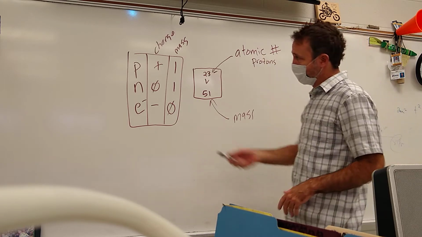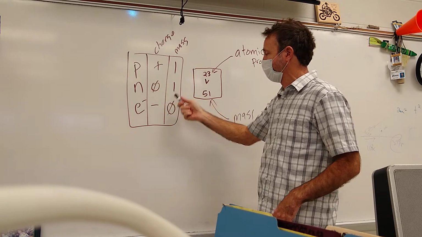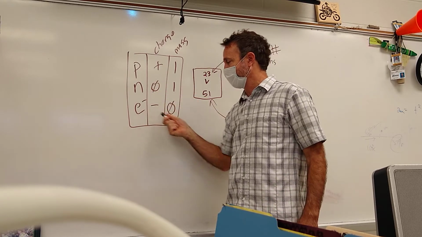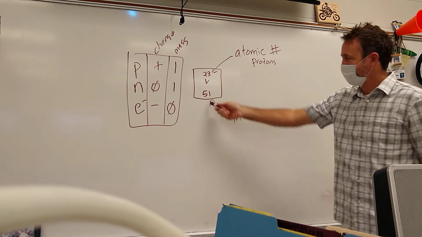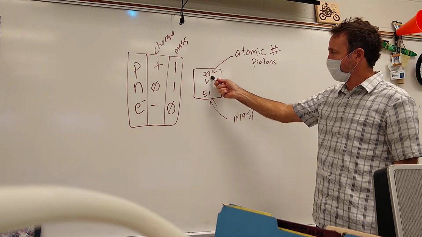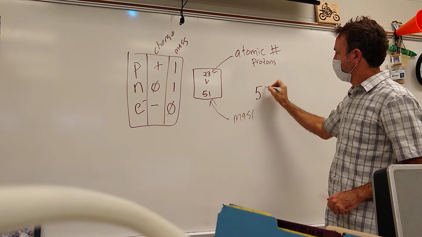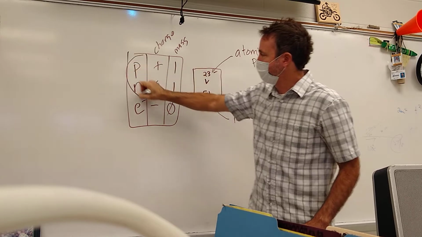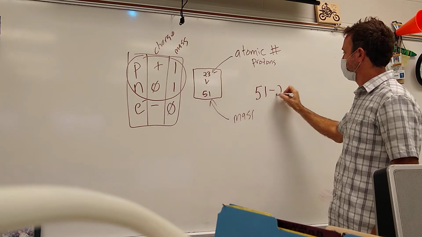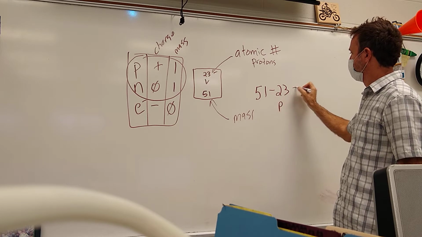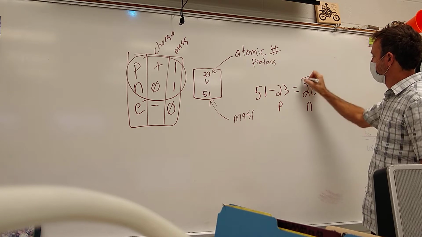Anyway, protons have positive charge, they weigh 1. Neutrons have no charge, they weigh 1. Electrons have a negative charge, and we just say 0 for their weight. So if we look at the mass, and we know that there are 23 protons, then the total mass is the number of protons and neutrons. So 51 minus 23 gives us 28, and that's the number of neutrons.